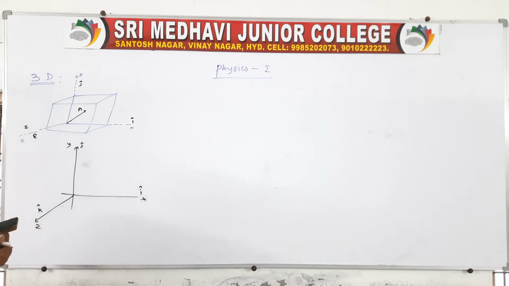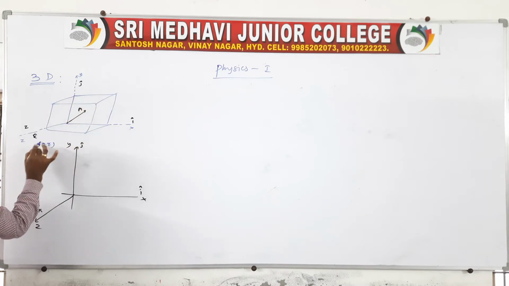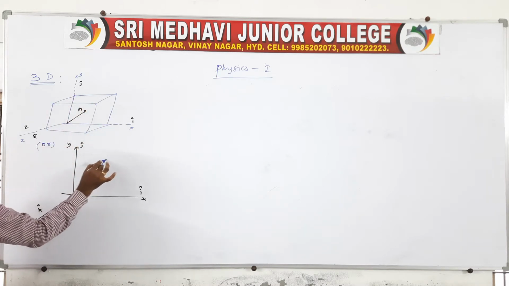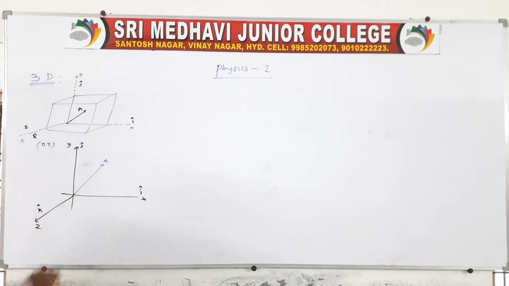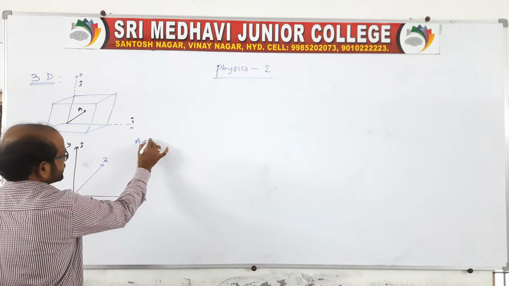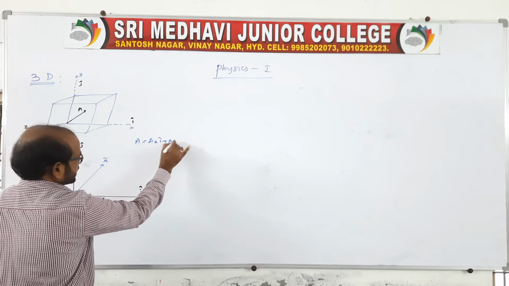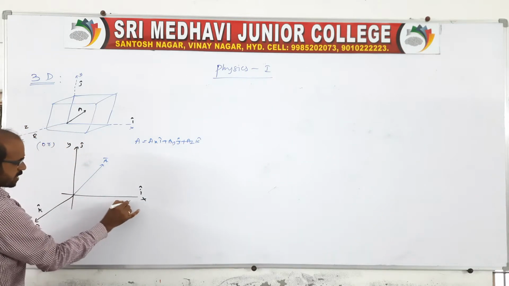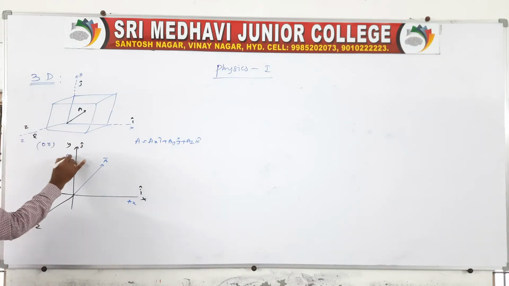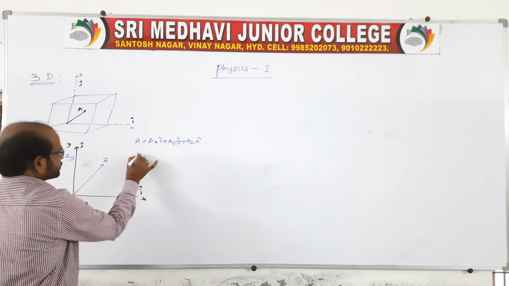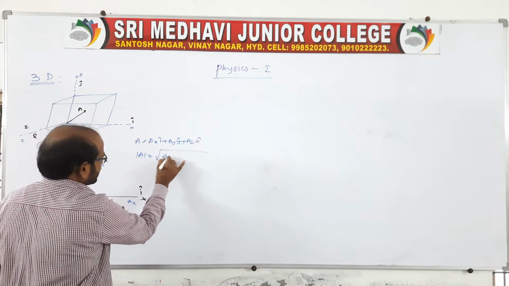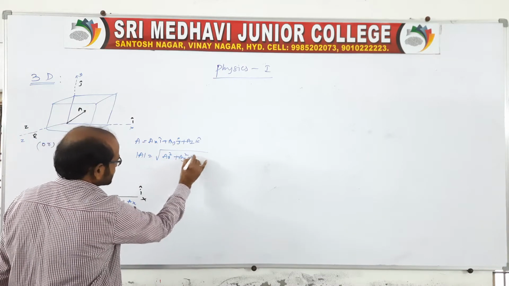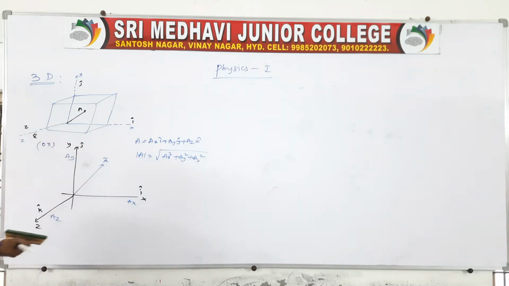Now you take a vector A. We can represent A as A = Ax i cap + Ay j cap + Az k cap, because along the x axis it is Ax, along the y axis Ay, and along the z axis Az. Therefore the magnitude of A is the root of Ax square plus Ay square plus Az square.